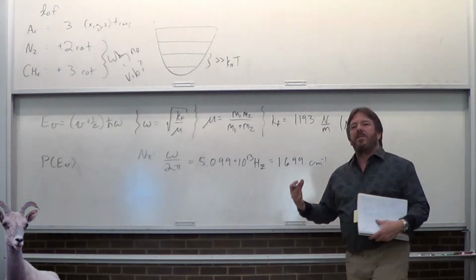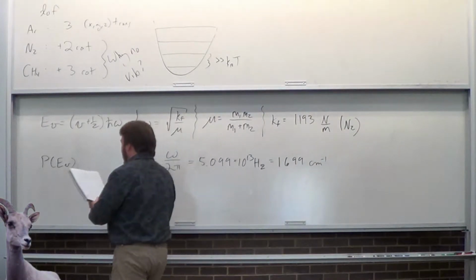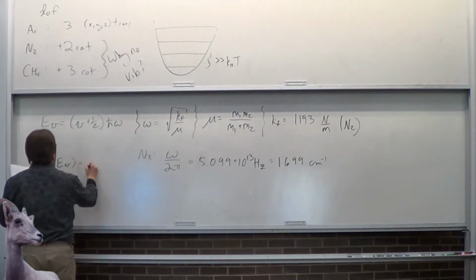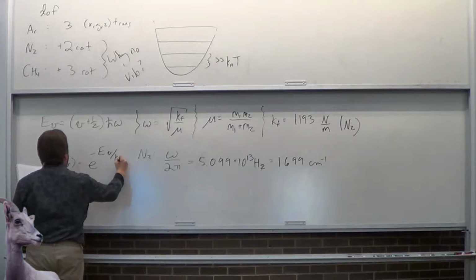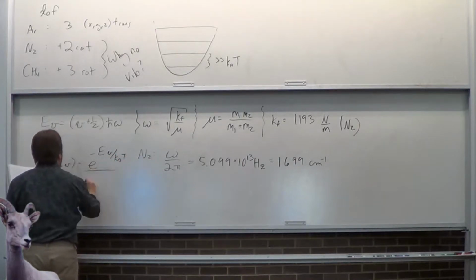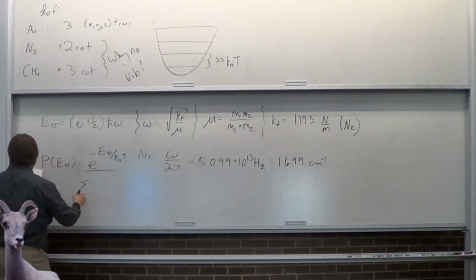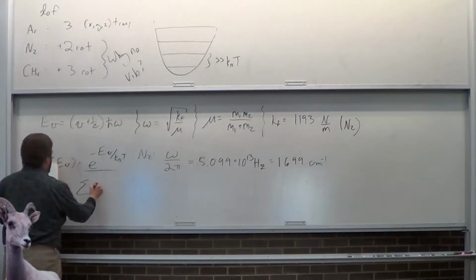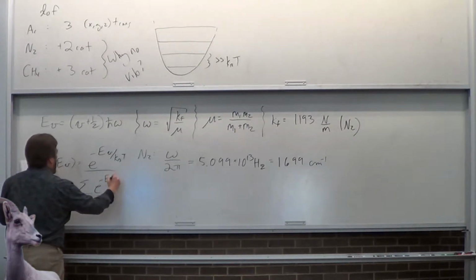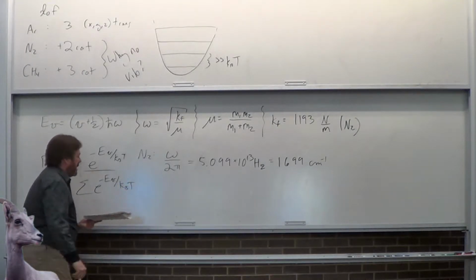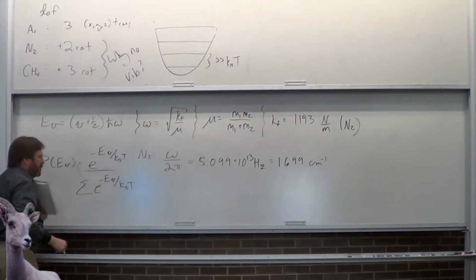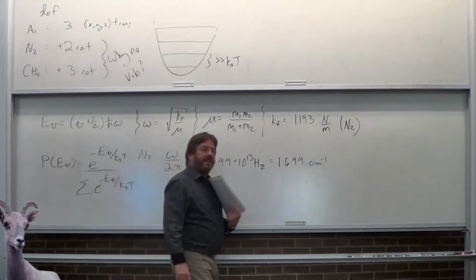I'm using a quantum number, and that of course is e to the minus energy of that state over kBT, and I'm going to use, for the most part, room temperature, and kB is the gas constant divided by Avogadro's number, in case you forgot. There we go.